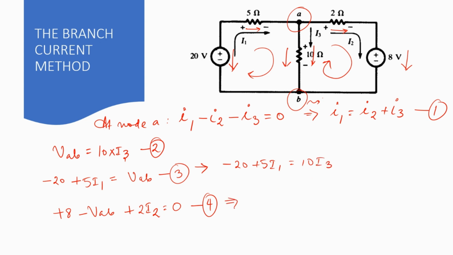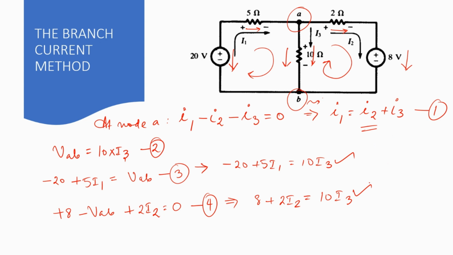And rewriting this equation, I would get 8 plus 2I2 again is equal to 10I3. So we now have three equations. This one being the first, this being the second, and this being the third. We have three unknowns, I1, I2, and I3, and we have three equations to solve.